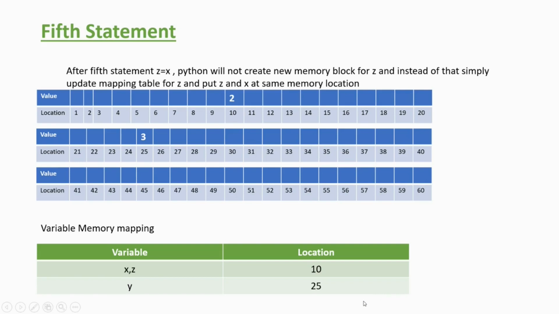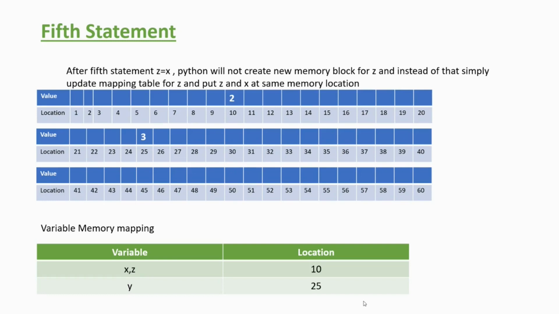Now the most important thing: what will happen when we execute the fifth statement, z equal to x? In this scenario, Python will not try to find a new memory location. Instead, it will update the memory table so that x and z are pointing to the same location.